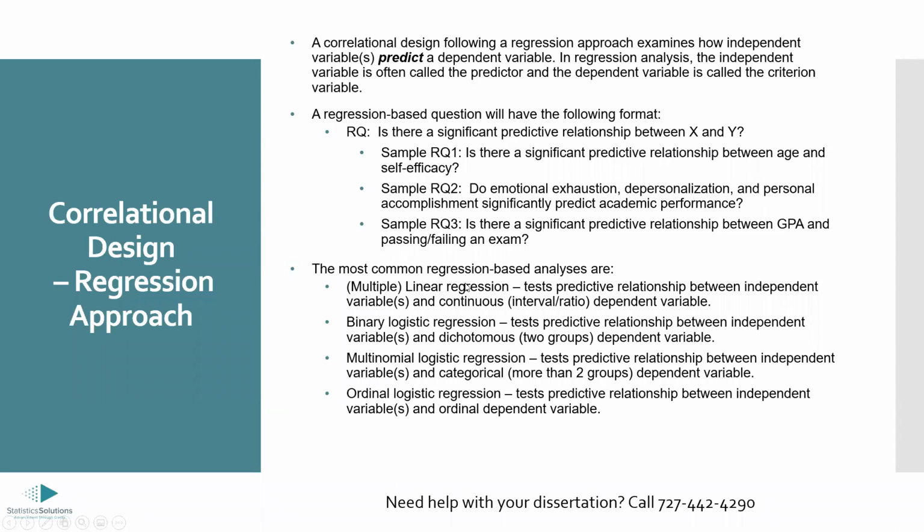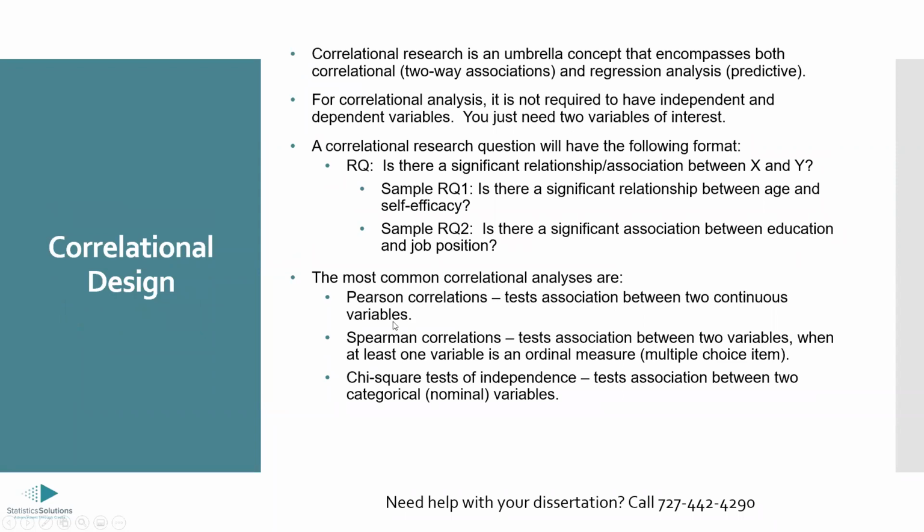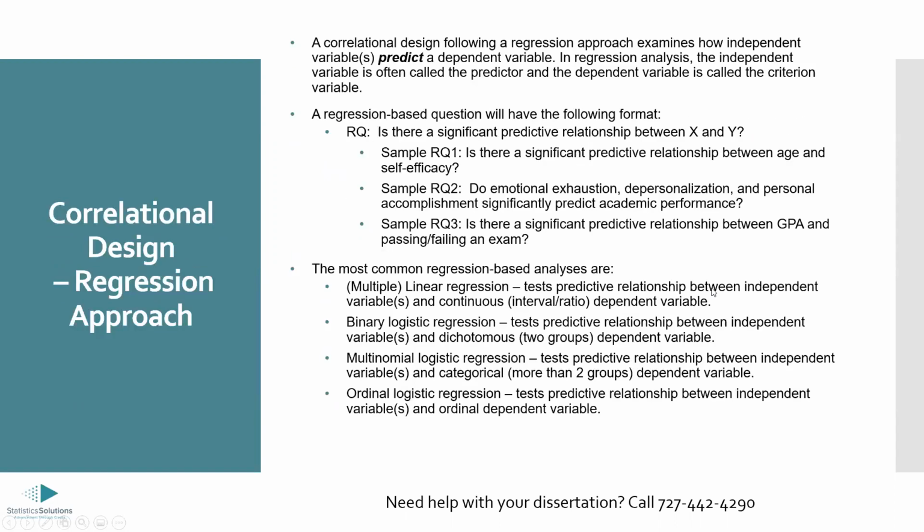And the type of regression model, similar to the correlations here, remember we looked at Pearson, Spearman, chi-square, the type of regression you run is also dependent on the level of measurement you are examining. So when we do a linear regression, we need to have a continuous outcome or a continuous dependent variable.